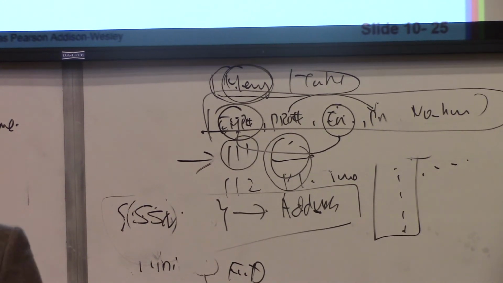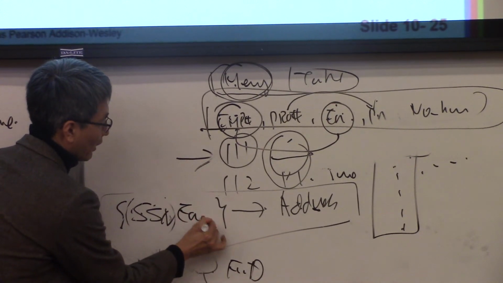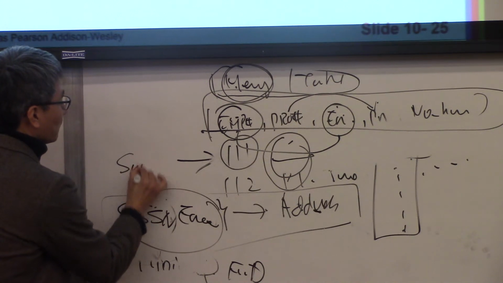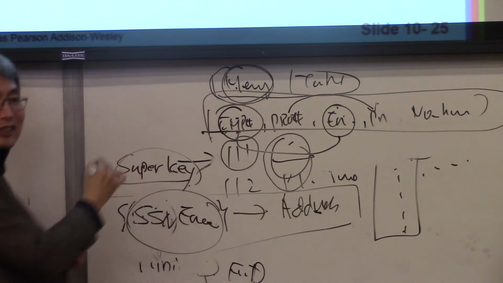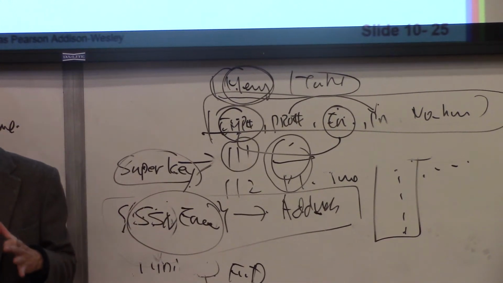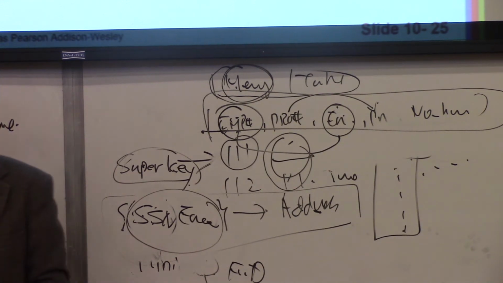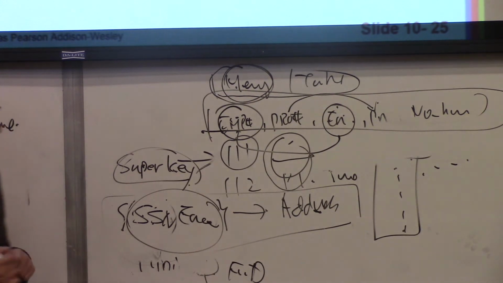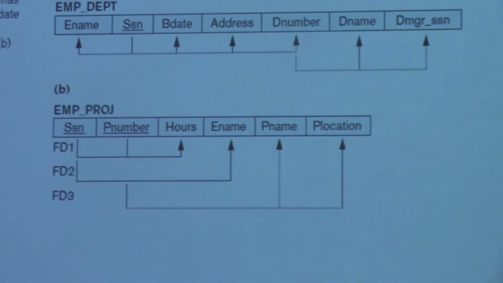At that time, SSN plus ename is called the super key. It's a key plus super key. But we don't need the super key. We need minimal functional dependency. Only primary key and candidate key attribute will be considered. So in this case, go back to the example. Which one is the prime attribute?